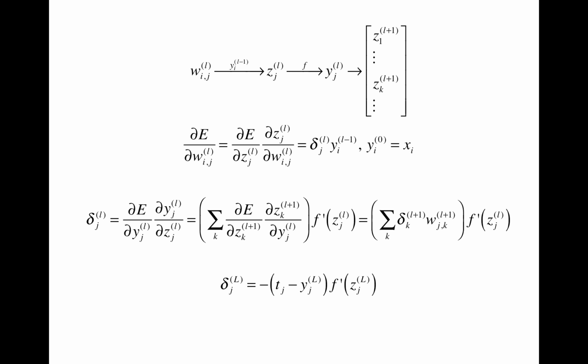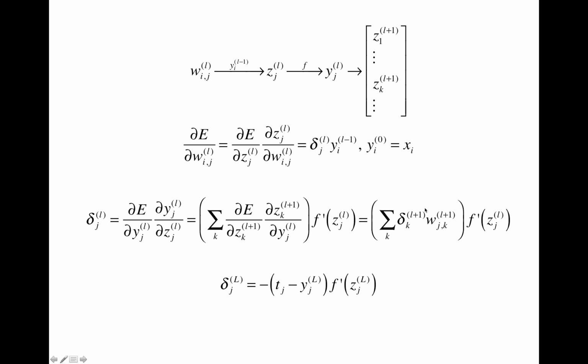So here we have obtained a relation for computing the deltas in layer L from the values of the deltas in layer L+1, the layer above it.